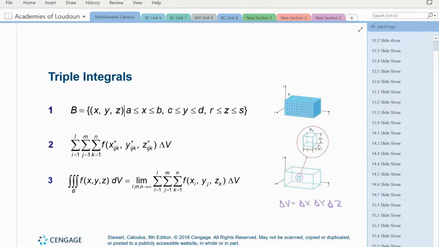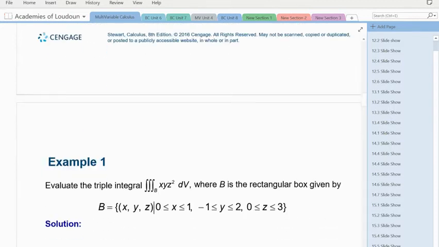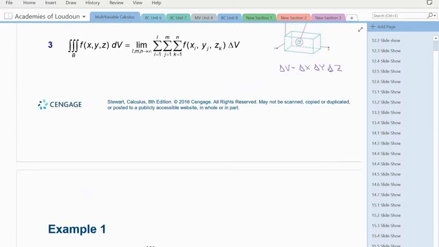Just as for double integrals, the practical method for evaluating triple integrals is to express them as iterated integrals, as shown at the end of equation 3.